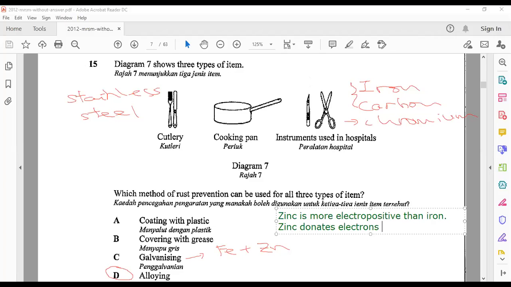When it donates electrons more readily than iron, then what will occur? What process does the zinc undergo now? Oxidation. Good. Okay, now we can write an ionic equation to represent the process that occurs.